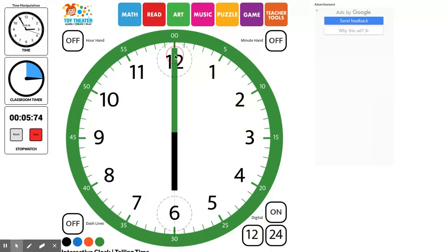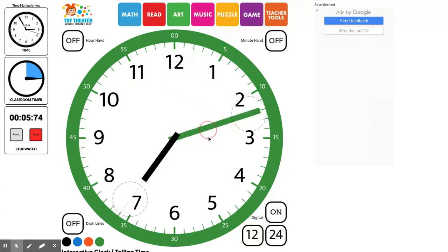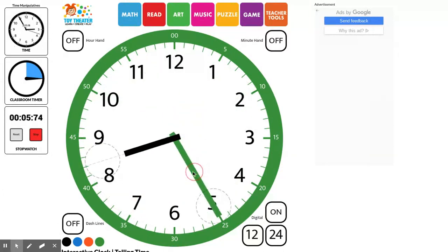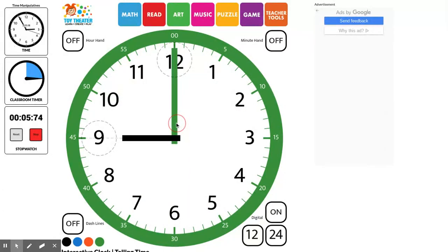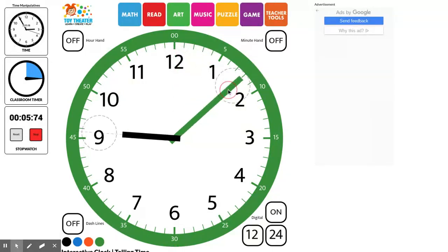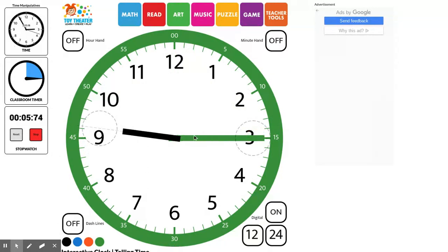So let's look at some times here, and let's notice how our hands move. The time that I'm showing right now is 9 o'clock. My minute hand is pointing straight up at the o'clock. My hour hand is pointing straight at the 9. Now watch as I move to 9:15. What happens to the hour hand? My minute hand is now here at the 15, pointing through the 3.